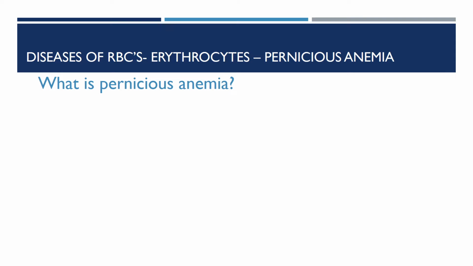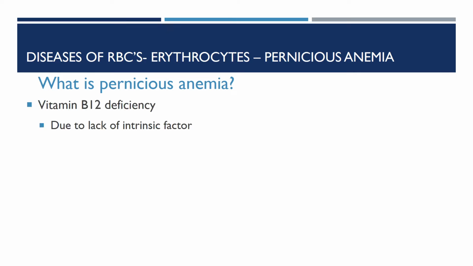So pernicious anemia is going to differ a little bit from iron deficiency anemia. Pernicious anemia is due to the deficiency of vitamin B12. Vitamin B12 is heavily involved with cell division and DNA synthesis, and so its deficiency results in a decrease in red blood cells circulating. Okay. This all stems from a lack of intrinsic factor production.